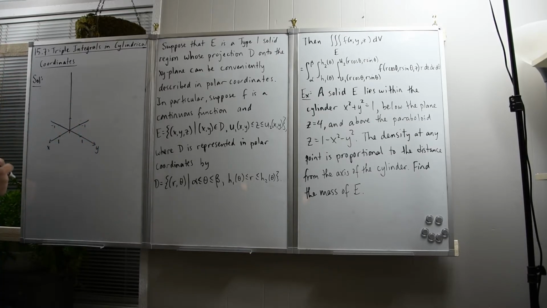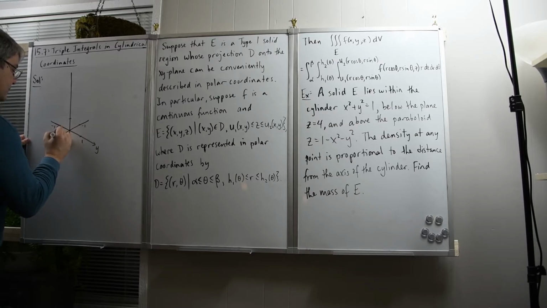And so the cylinder, x squared plus y squared equals 1, is going to intersect the xy plane in a circle like so. A circle of radius 1, center at the origin.